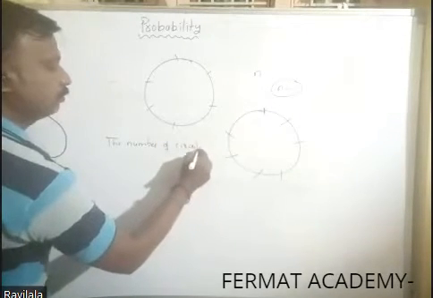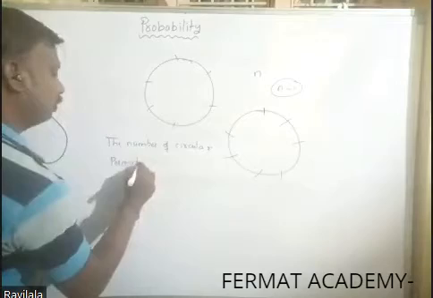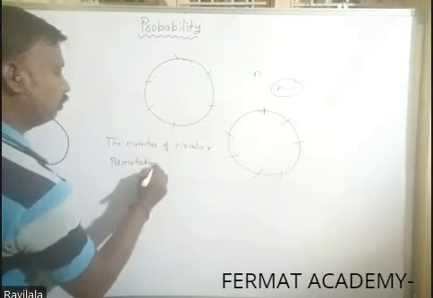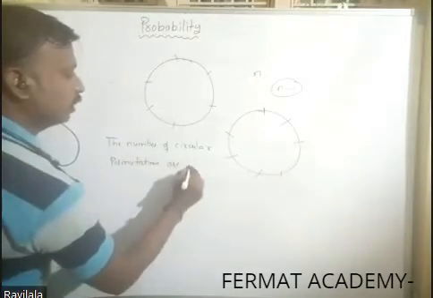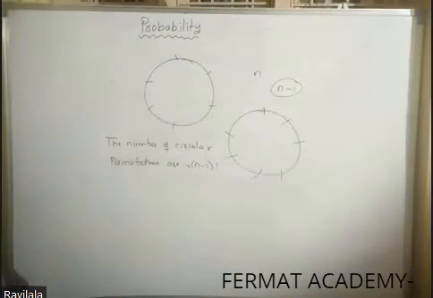Therefore, the number of circular permutations is n minus 1 factorial. Remember this formula.